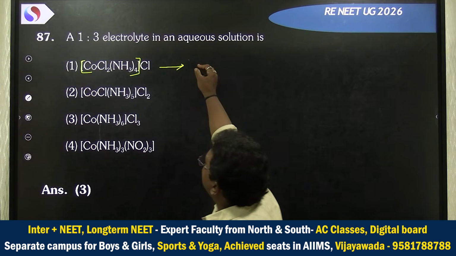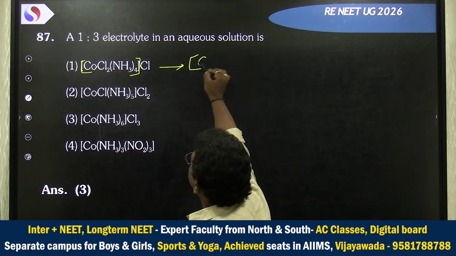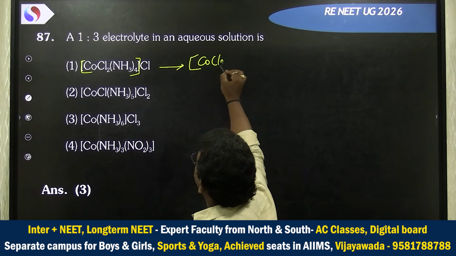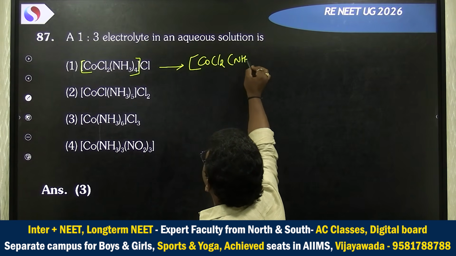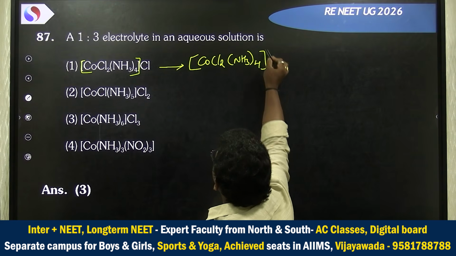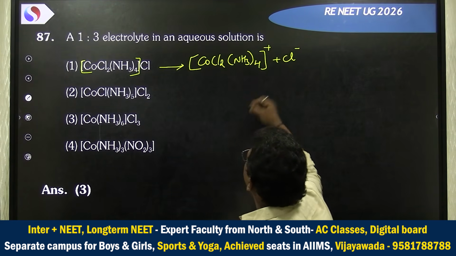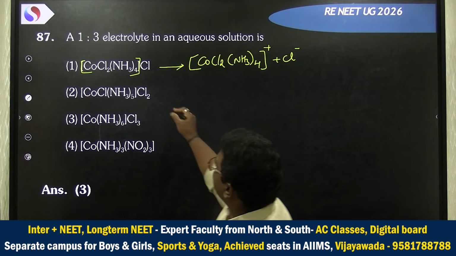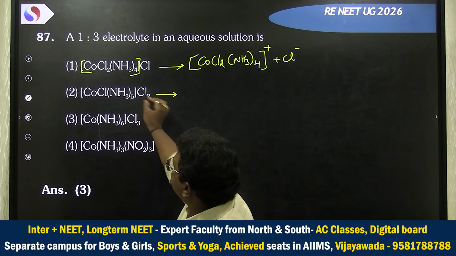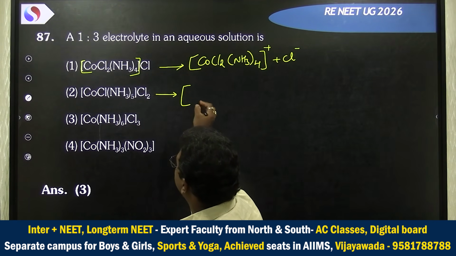So, ఇక్కడ ఎలా రాయాలంటే? If you do ionization, [Co(NH3)4Cl2]+ and Cl−. ఇప్పుడు దీన్ని తీసుకుని ionise చేస్తే స్క్వేర్ బ్రాకెట్ బయట ఎవరు ఉన్నారు? ఇద్దరు క్లోరిన్స్ ఉన్నారు.